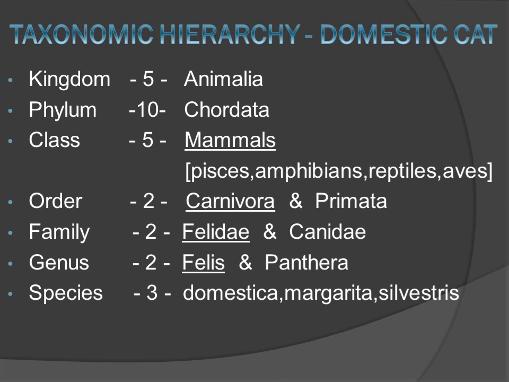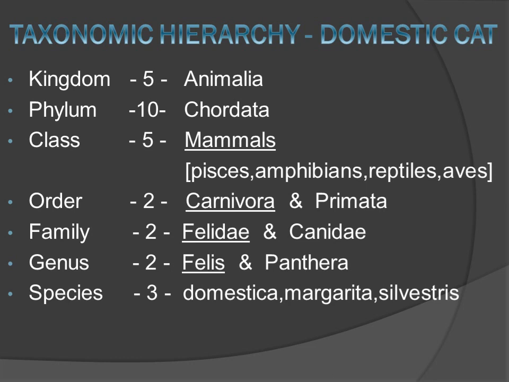Is it clear? Okay. And this Chordata consists of 5 classes. What are the classes under this Chordata? Pisces, amphibians, reptiles, aves and mammals. Clear? Among this, domestic cat comes under the class mammals. Then these mammals consist of 2 orders. One order is Carnivora, another is Primata.